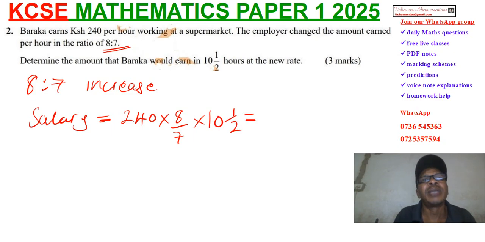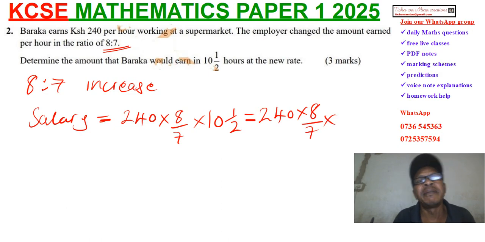So this means that we have 240, we multiply by 8/7, and we write 10.5 as an improper fraction: 2 times 10 is 20 plus 1, that will give us 21, divided by 2. So we can simplify. By 7 we get 1, by 7 we get 3, by 2 you get 1, by 2 you get 4.